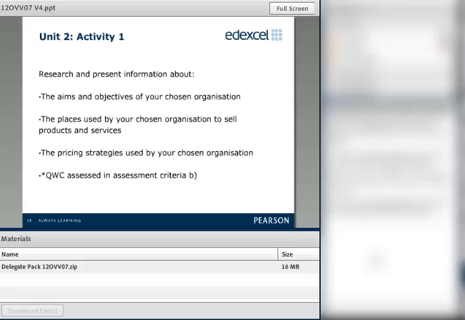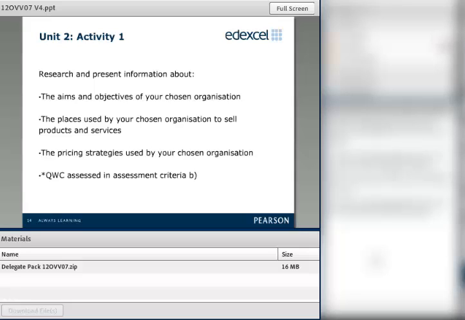So there's 3 separate things they need to present information on. Now, when they're presenting information, we're not looking at evaluation. This is pure AO2 stuff, where they're applying their knowledge to the organisation. So it's sort of description, explanation, but we're not bothered whether it's description or explanation. It's seriously just presenting information that's relevant and applied on these 3 factors.